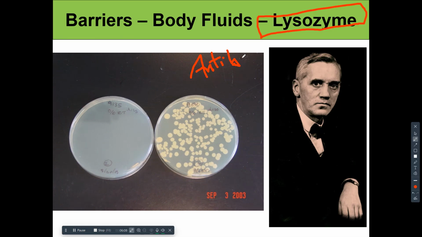It is in your saliva, it is in your digestive and respiratory secretions, mucus, reproductive secretions, it is in tears, it is in all sorts of different things. And it helps reduce our bacteria population in all those areas because of its antimicrobial properties, its ability to destroy bacteria.